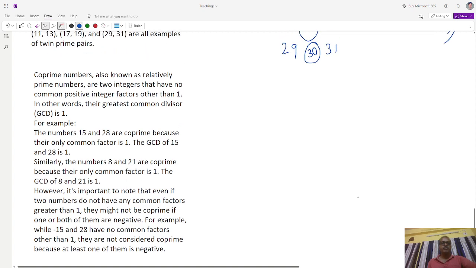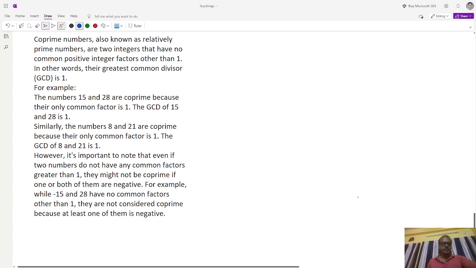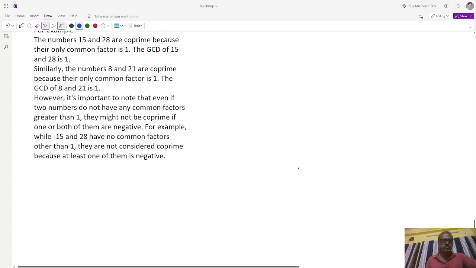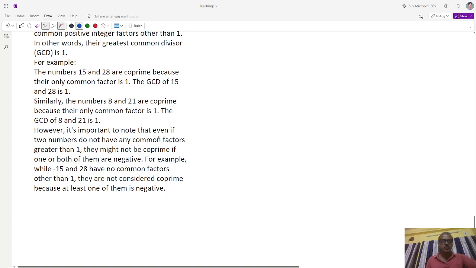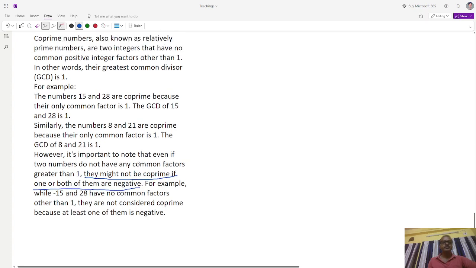For coprime numbers, you have to remember this point.